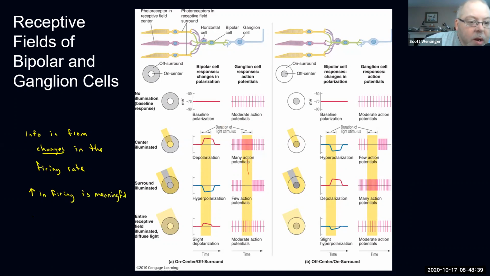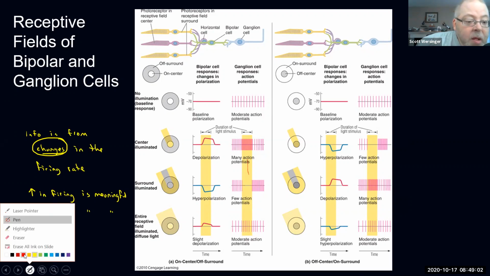It means something's going on. But a decrease in firing is also meaningful. That also means something. Okay, so what you are looking for, what your whole nervous system is geared toward detecting, are changes. Okay, so that's a key concept that we haven't really talked about yet.